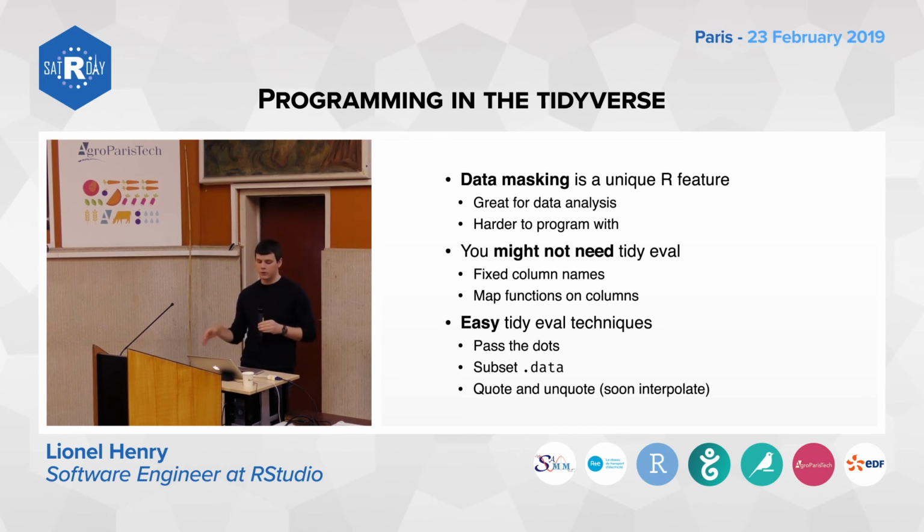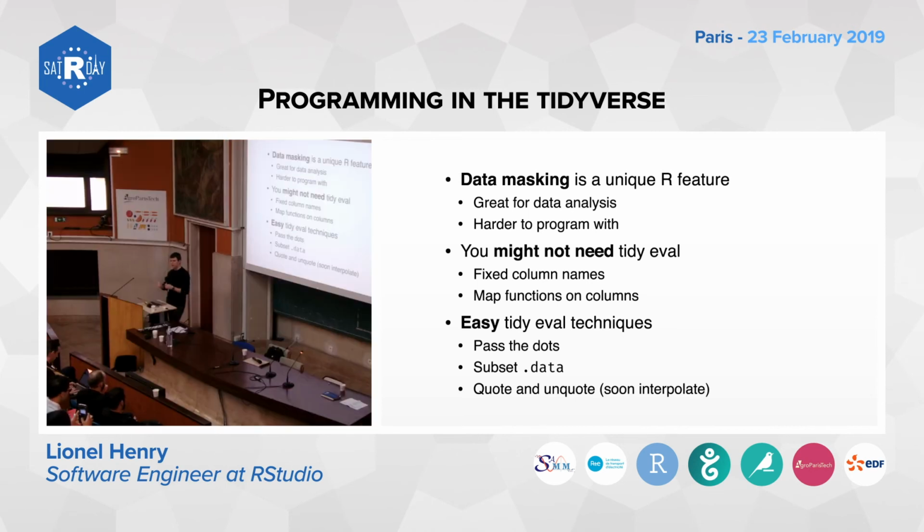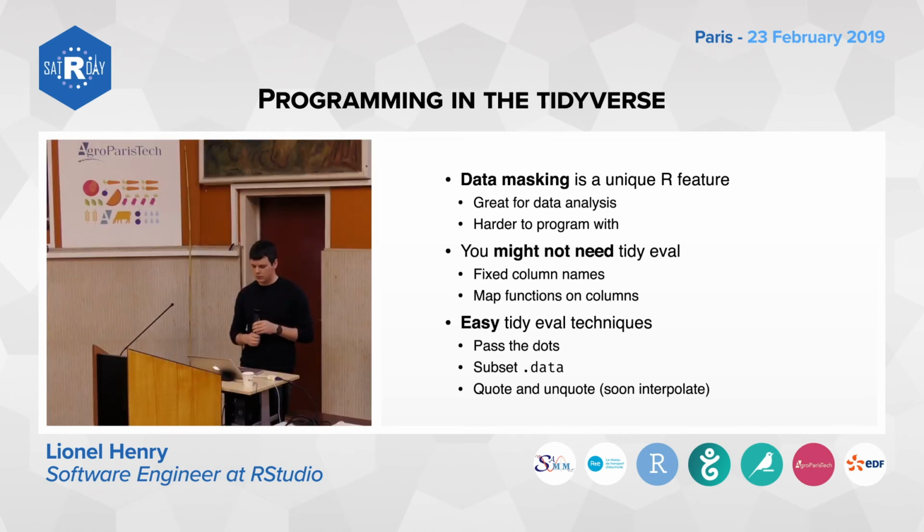You can map functions over columns instead of looping, so that will allow you to reuse a computation over a set of columns. And then you have the easier tidyeval techniques such as passing the dots, that we have seen for ggplot or dplyr. You can subset the data pronoun that can get you out of any tricky situations. And then you can use the quote and unquote pattern, which will soon merge into a common interpolate operator.